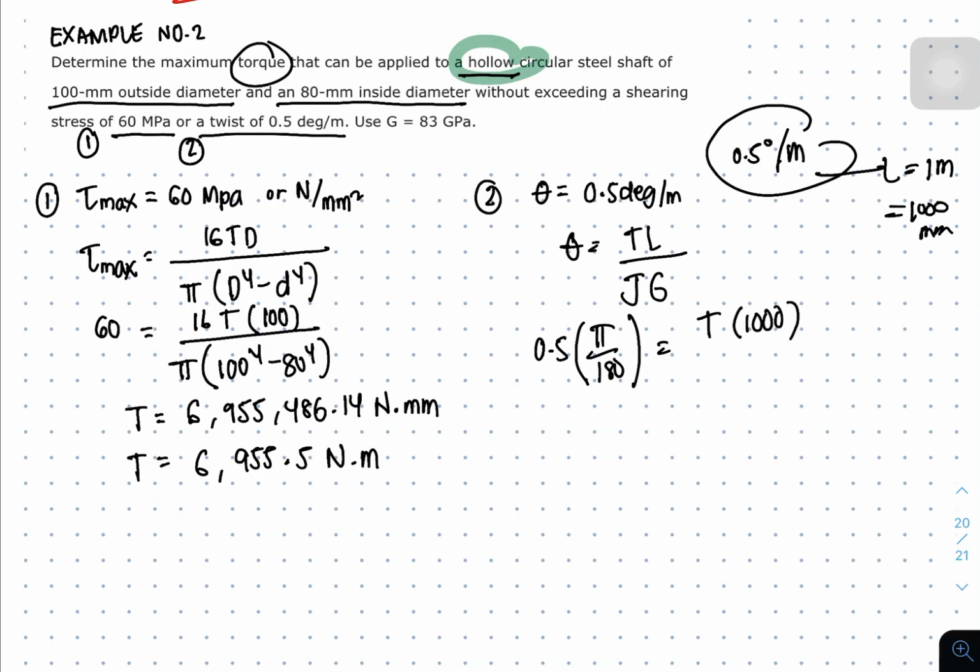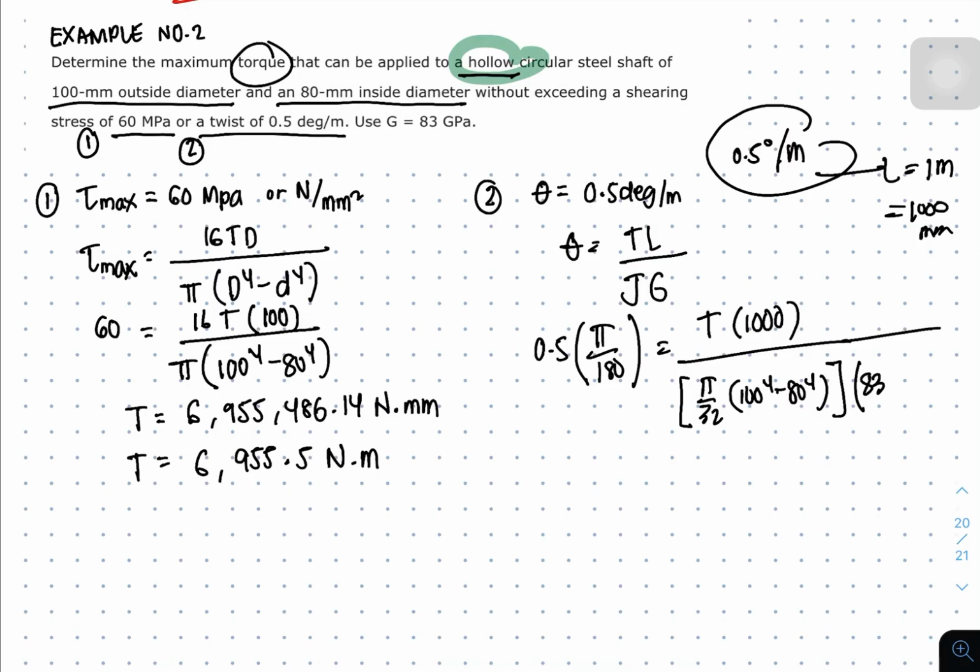So that is 1000 all over our J, and we already know that the formula for the polar moment of inertia is pi over 32 times the difference between the outer diameter to the fourth minus the inside diameter to the fourth, times the shear modulus of 83 gigapascal.